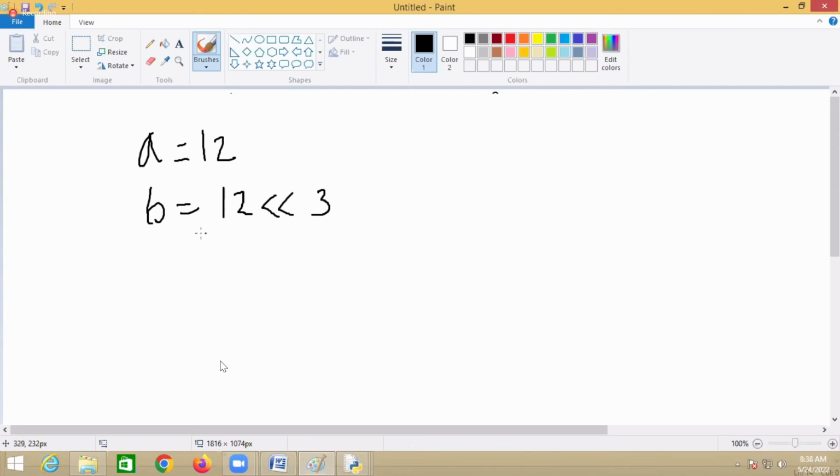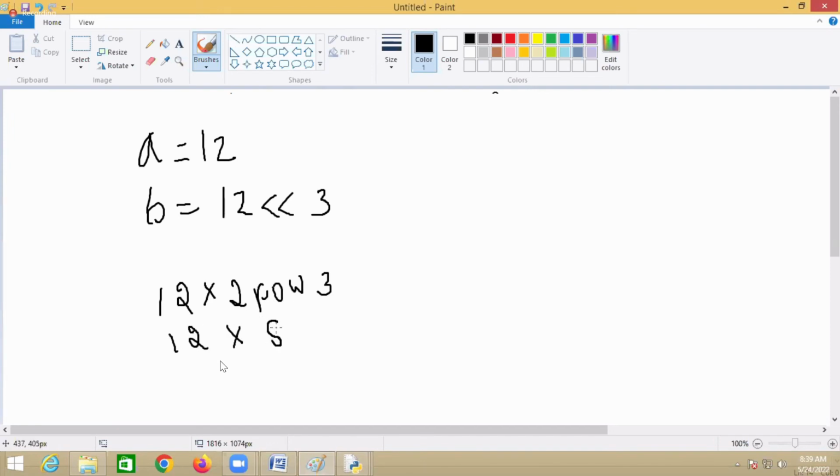Then you can apply the formula. What is my number here? 12. And 12 into 2 to the power of 3. 12 into 2 to the power of 3 is 12 into 8.